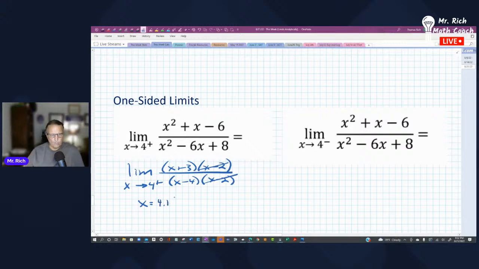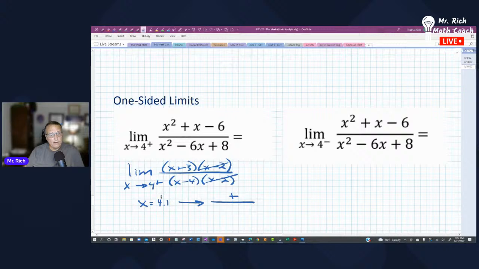which would be 4.1. And what I'm going to do is evaluate x plus 3 over x minus 4 at that value that's just to the right of 4. And I don't really care what the number is, right? I just care whether it's positive or negative. So it's going to yield a positive number on the top, 4.1 plus 3.